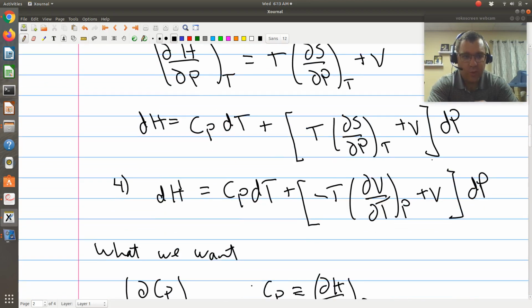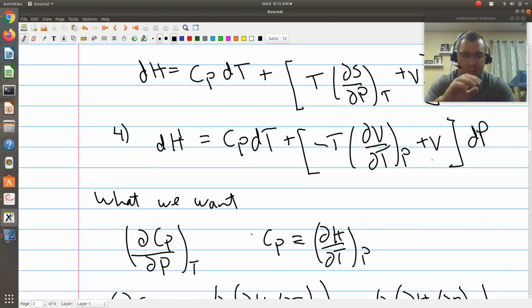What you would do is divide your differentials through by dP, holding T constant, at which point you would have dH/dP at constant T. The first term would go away because you'd have dT/dP at constant T, which is 0, since T is being held constant.